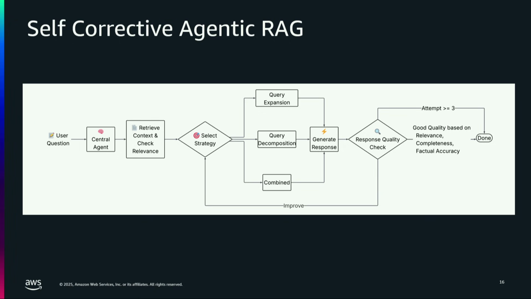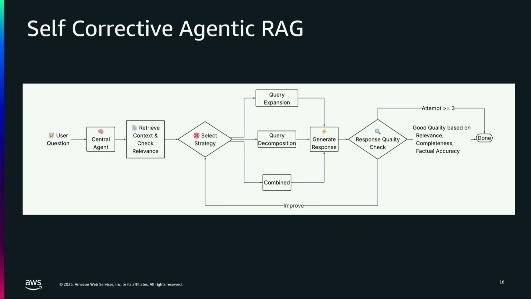Now, once we have the response, we again want to check whether this response is relevant to the user question. This is the second check. First, we did the context relevance, and now we are doing the response relevance check. Within the response relevance check itself, we want to check the relevance of the user query to the response. Then we also want to check the completeness of the response, and the factual accuracy of the response.